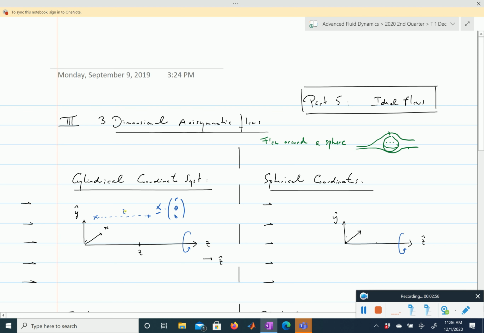And once you've projected it on the xy plane, then the rest are just the polar coordinates. So theta would be this angle, and r would be the distance between the origin and the projection of the point. Okay, those are cylindrical coordinates.